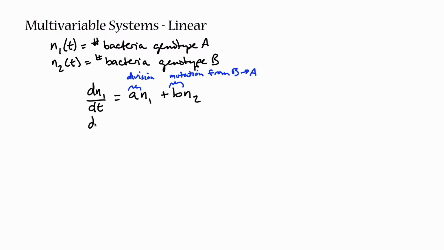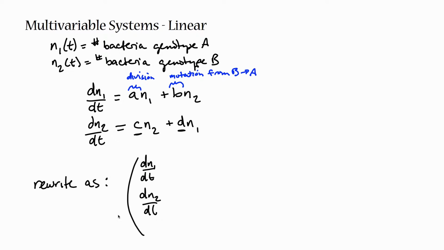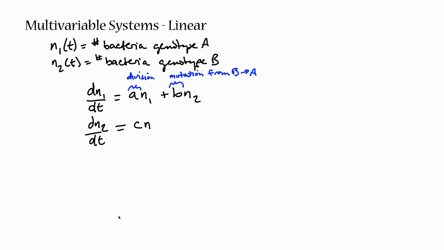For the other population, same thing applies, dN2 by dt. We say c times N1 plus d times N2.